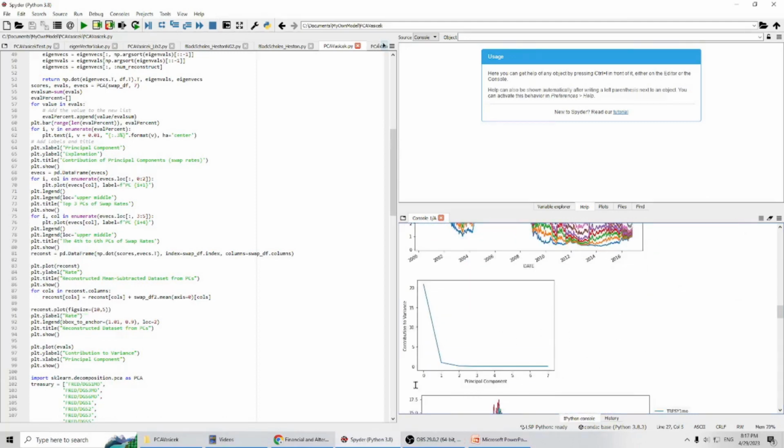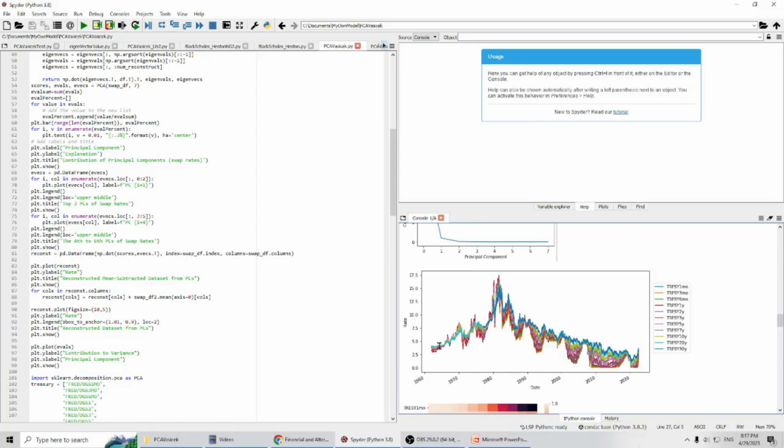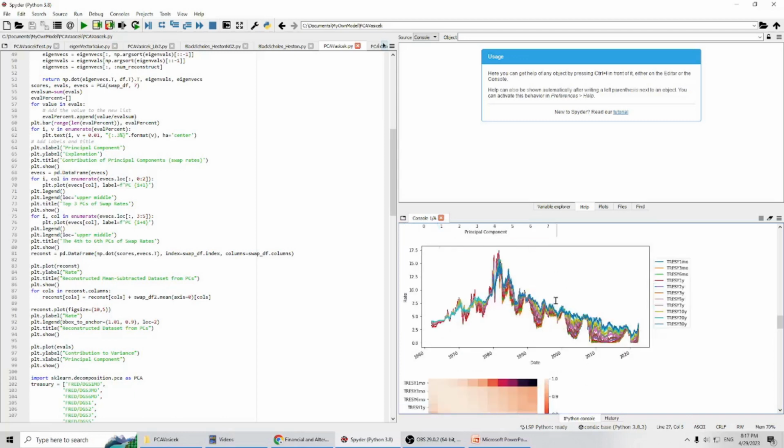When we check the contribution to variance, you can imagine the first principal component has most of the contribution, and the second one has much less, and the third one has even less. And if we draw a graph for the Treasury rates, it shows something like this.